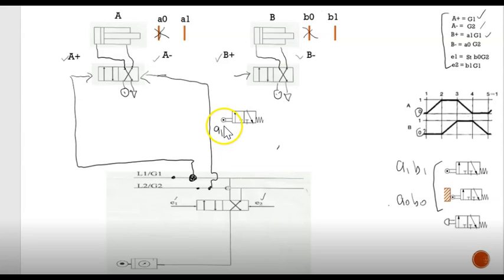Since this is the normal limit switch without contact, we're going to use this side, and it will connect to G1. We know that G1 is here, so we take from this side down here. Make sure this one is nicely connected.